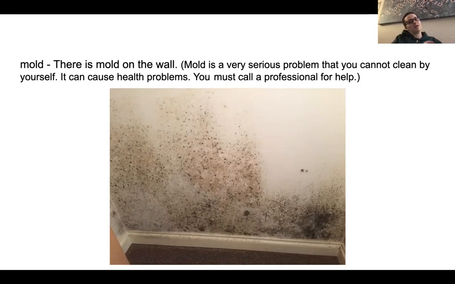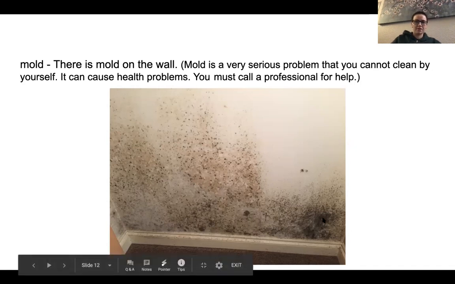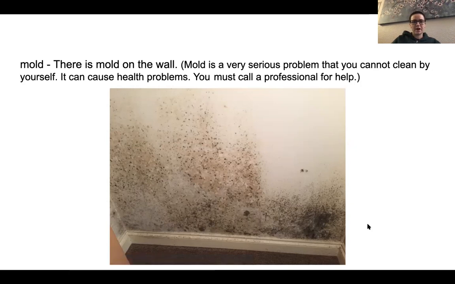Mold, however, is usually found in other places where it's not supposed to be. So like a wall right here. So what this tells me, just looking at this, is somehow maybe in the walls there was water, it was warm, and mold started to grow. A lot of times mold comes from if there's a leak, so water in a place where it should not be.